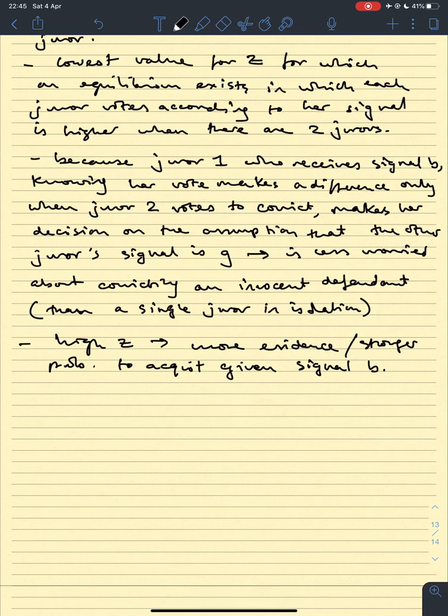And because the Z is high, he is less likely to vote to convict an innocent defendant. Because the Z is high, he requires a higher probability of guilt in order to convict.